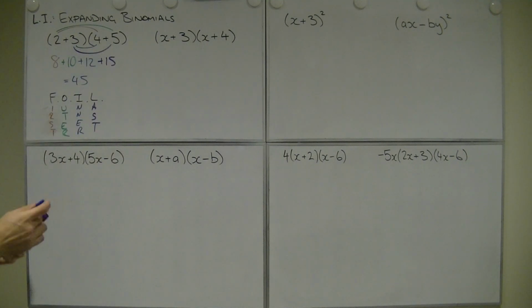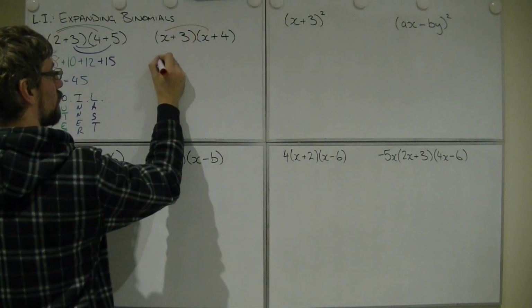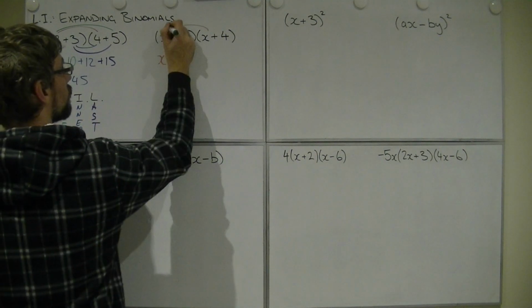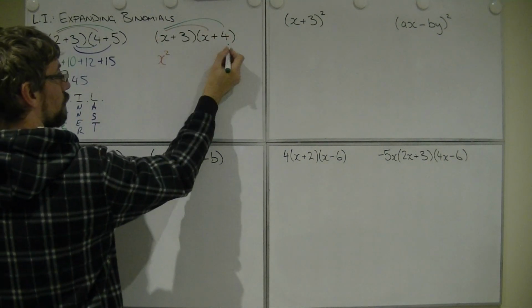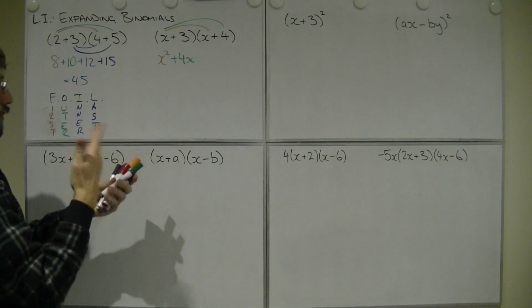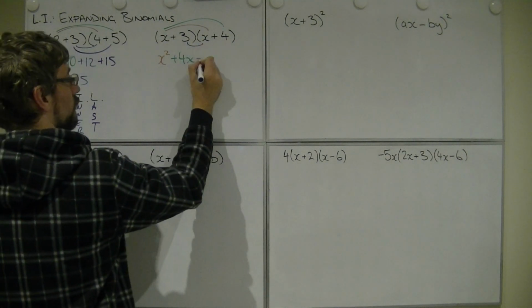Okay, we've got a whole lot going on with this next one, so let's try to use this. First and first: x by x is x squared. Next, outer 2: x by 4 is 4x. You could write x4, but usually you put your numbers first. Inner 2: 3 by x is 3x.